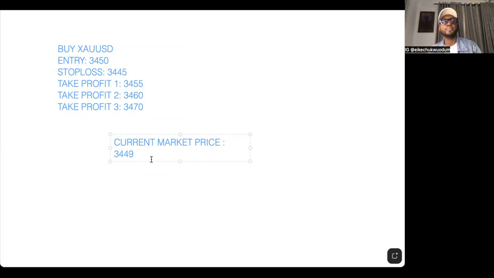The thing with pip movement is it goes in both directions. As you're using it to count profit, you're also using it to count loss. So your entry price is the determining factor. Whether the number changes in a positive or negative direction, you're going to be counting pips either way from your entry. So if your entry was 3450 and our price now dropped to 3449, how many pips has it moved by?